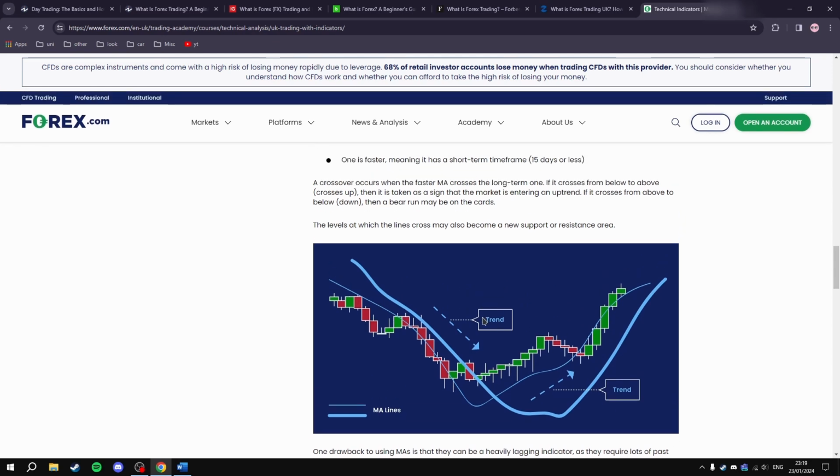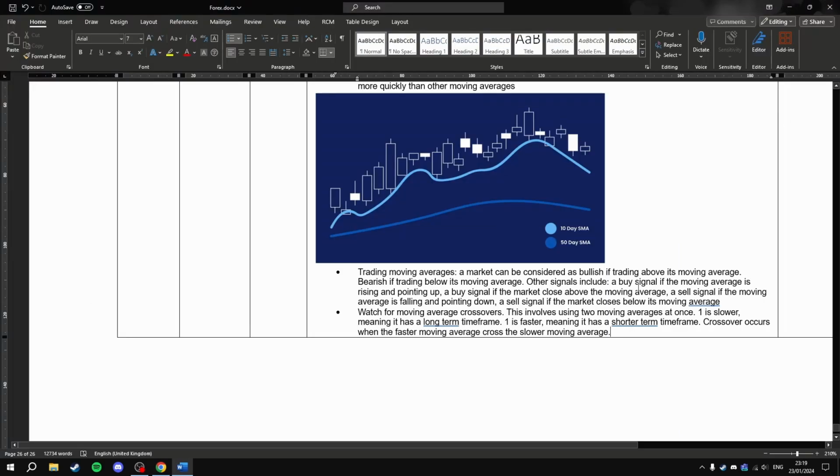Wait, so if it crosses from below to above, crosses a longer term. Oh, so a downward trend into an upward trend. Right, I see.